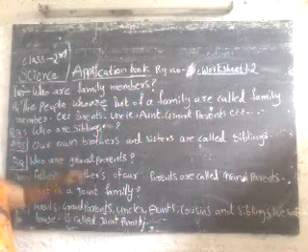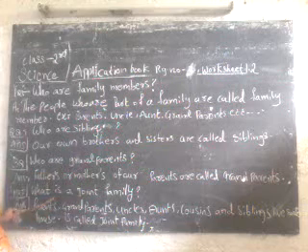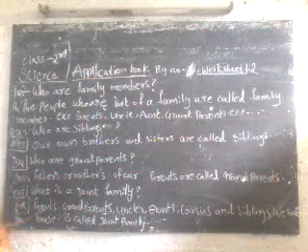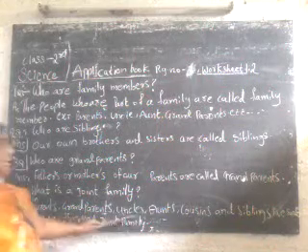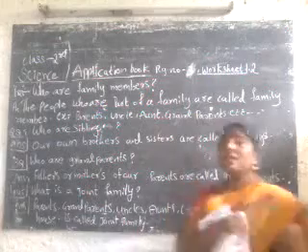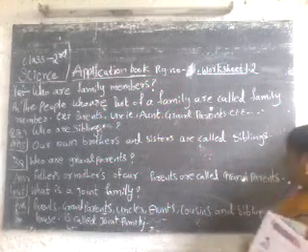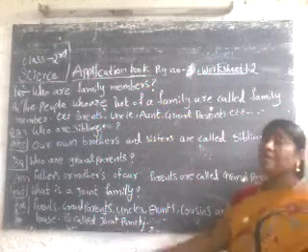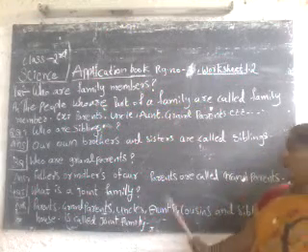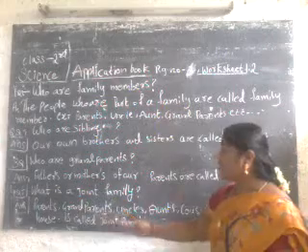Turn to page number 4 to get the question. What is a joint family? Parents, grandparents, uncles, aunts, cousins and siblings living together in the same house is called a joint family. One more time. What is a joint family?